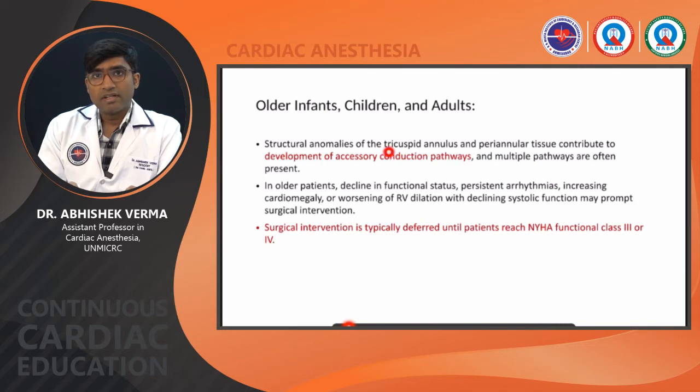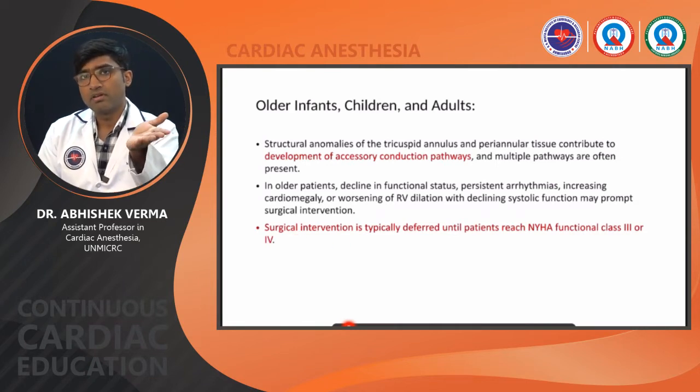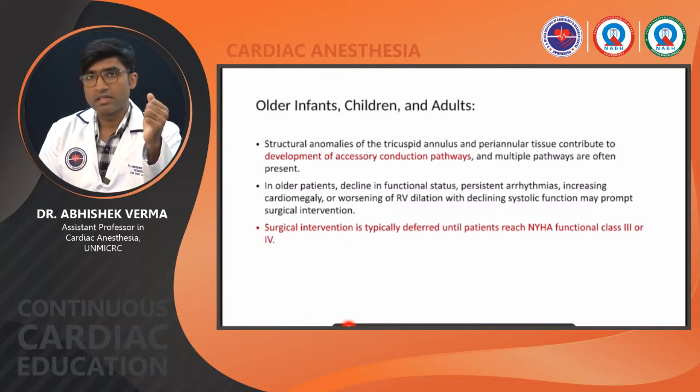Structural abnormalities of the tricuspid annulus and periannular tissue contribute to development of accessory conduction pathways, and multiple pathways are often present. In older patients, decline in functional status, persistent arrhythmia, increasing cardiomegaly, or worsening of RV dilation with declining systolic function may prompt surgical intervention. Surgical intervention is typically preferred in NYHA class 3 or 4.